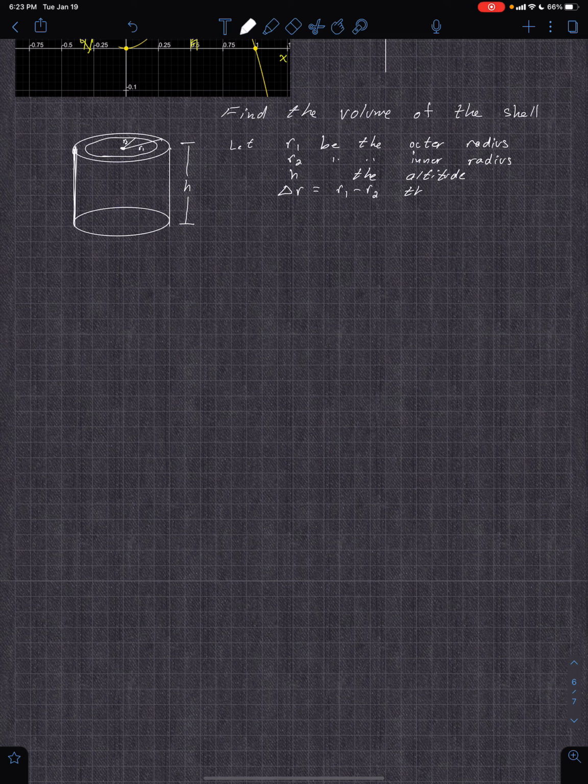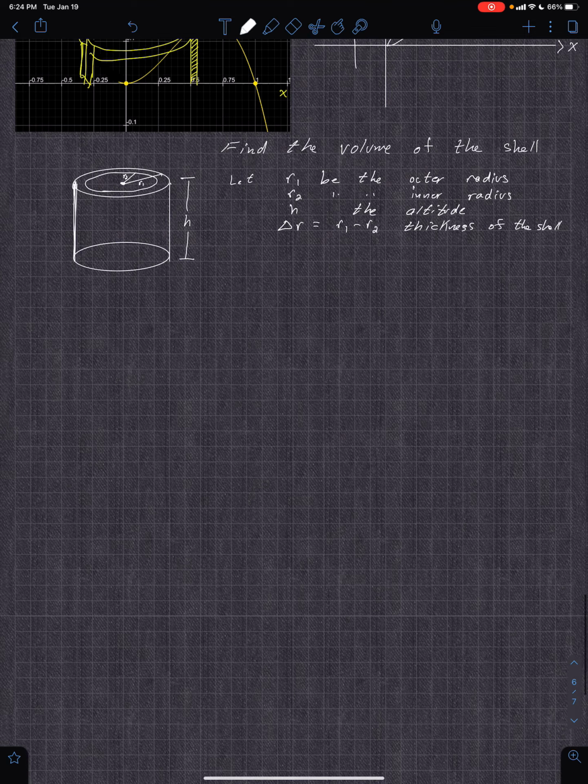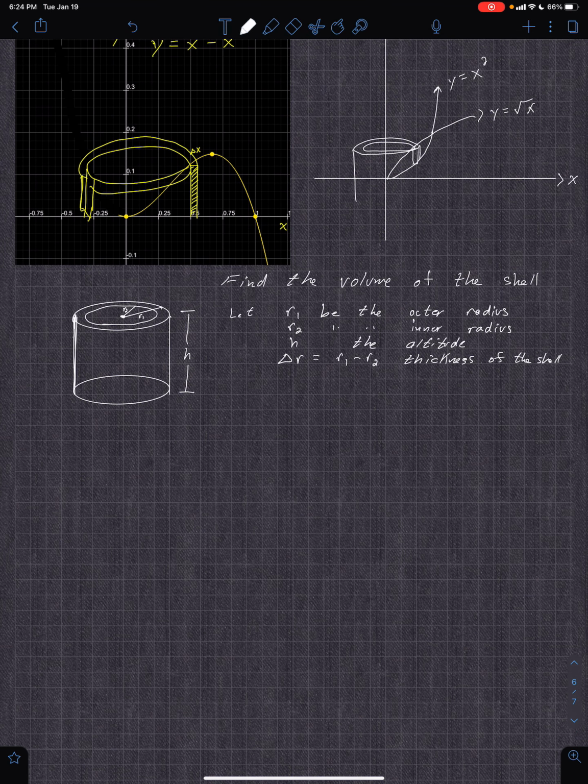That's considered the thickness of the shell. So it isn't really just your delta x because it's the radius of that whole thing.